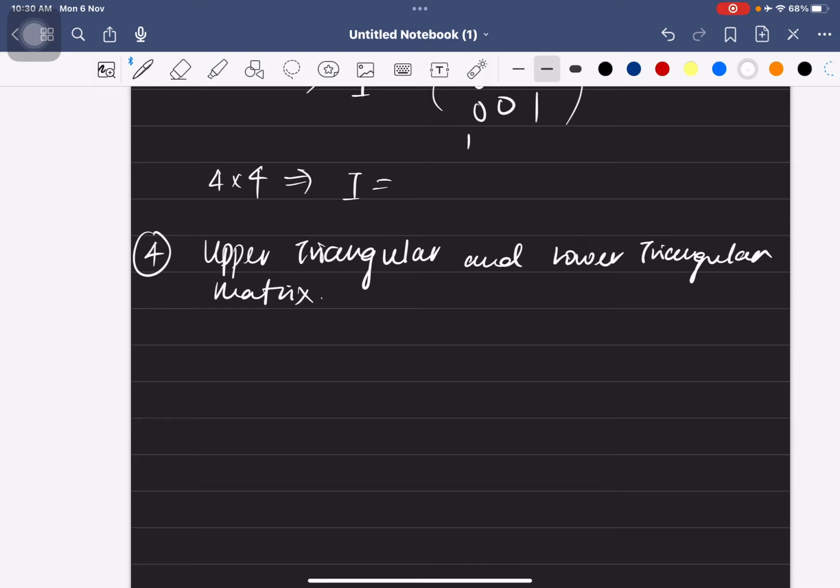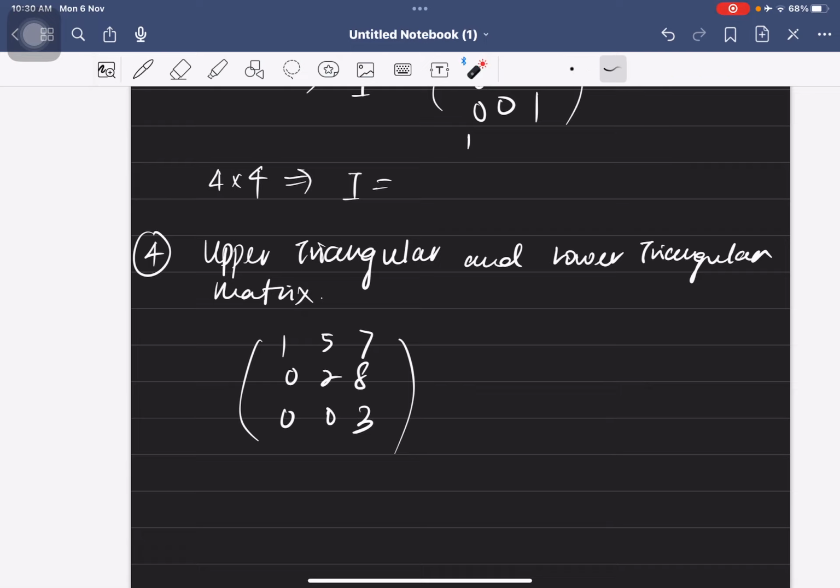Let me just draw a 3x3 matrix first. So for example, 1, 5, 7, 0, 2, 8, 0, 0, 3. Upper triangular matrix is like, below the leading diagonal, they are all 0. Can you see? Below the leading diagonal, they are all 0.